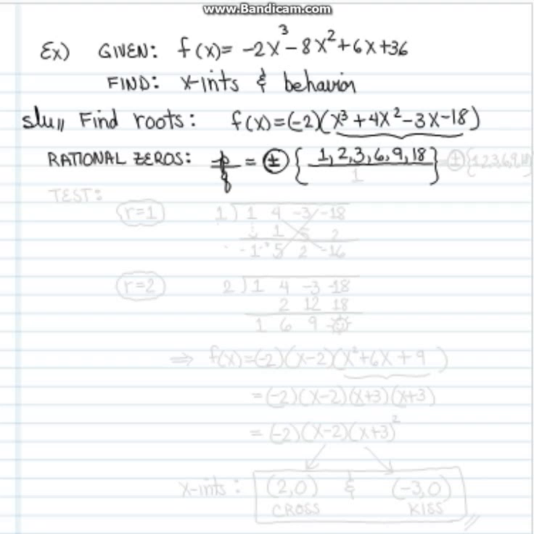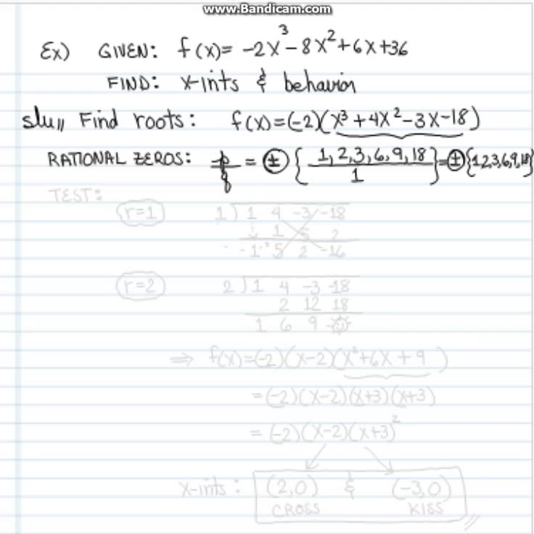On the bottom, we list the factors of the lead coefficient, the number multiplying the highest power of x. Well, there's an invisible 1 multiplying x cubed, so that's just plus or minus 1. And then when we take each of those numbers on the top and write them as a fraction over the bottom numbers, we get a list: plus or minus the numbers 1, 2, 3, 6, 9, 18.